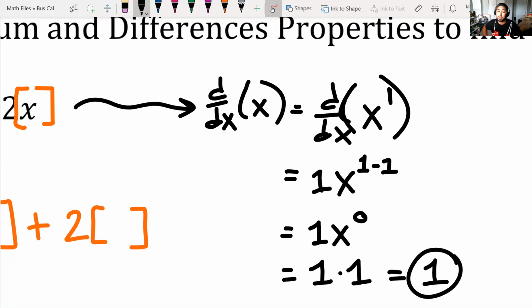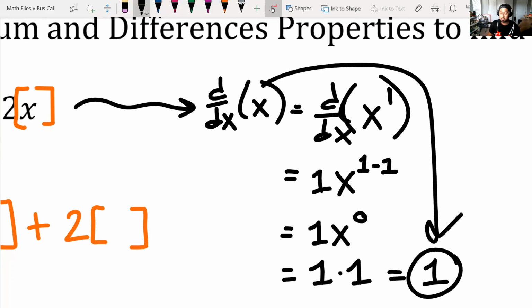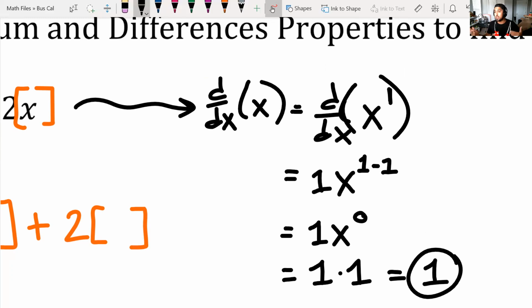So to make it really, really simple, all we have to do is say the derivative of x by itself. The derivative of x is always 1. That's it. The derivative of a single variable, x, t, y, whatever, is always 1. So whatever goes in this box is 1.